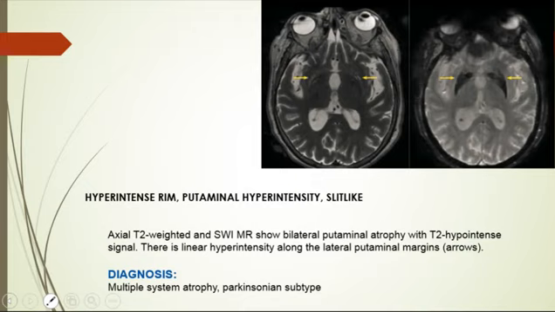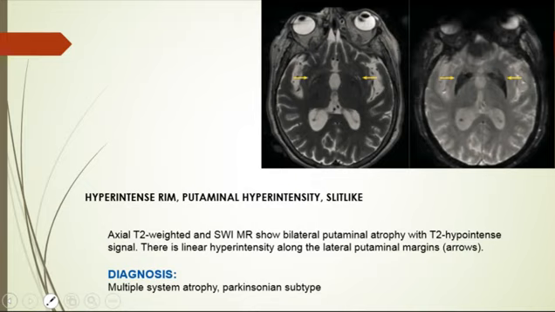Okay? It's a neurodegenerative disorder showing T2 hypointense signal with linear hyperintensity along the lateral putaminal margins. You can see this, the lateral putaminal margins, there is a T2 hyperintensity. The susceptibility weighted image shows putaminal atrophy with hypointensity. Again, MSA is an adult onset neurodegenerative disease, which is characterized by Parkinsonism, autonomic failure, cerebellar ataxia, pyramidal signs.